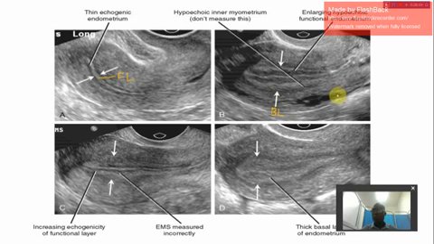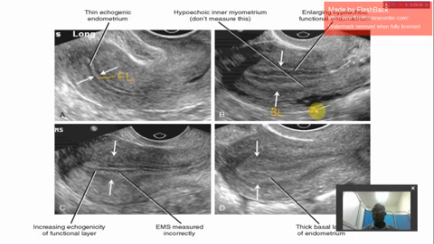You can see a dark area here with different shapes, irregular borders, is the arcuate artery that has blood supply. So this is the arcuate artery.